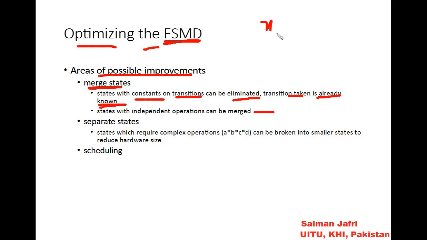So for example, if one of the states says x equals x underscore i and the other state says y equals y underscore i, based on the data path operations, are these two states related in any way?